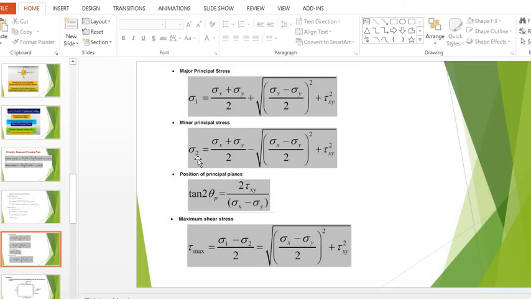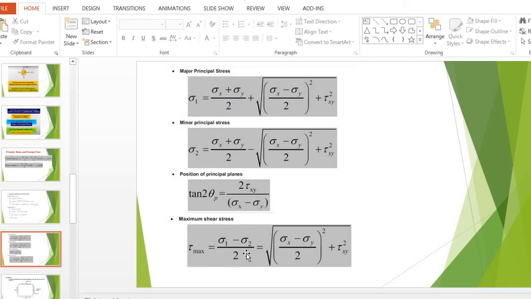Similarly for sigma 2, the only difference between these two is this minus, okay. Now the position of the principal plane, which I told you, this theta p, is the location of the oblique plane. We have already discussed this. The formula is tan 2 theta p equals 2 tau xy divided by (sigma x minus sigma y), right?